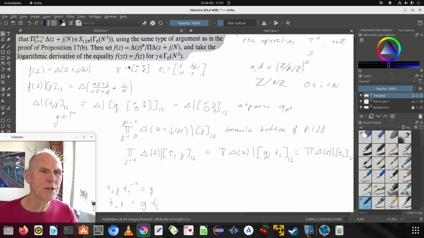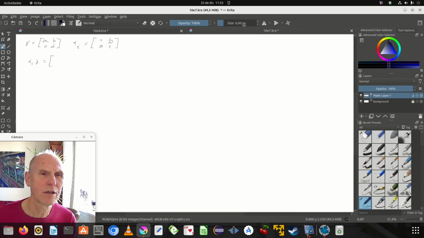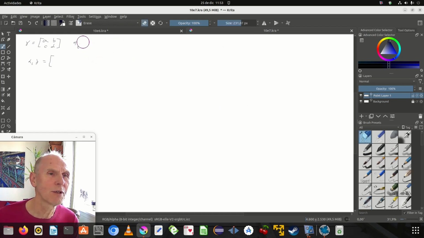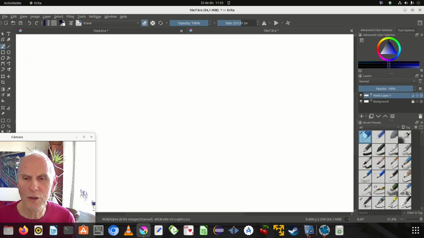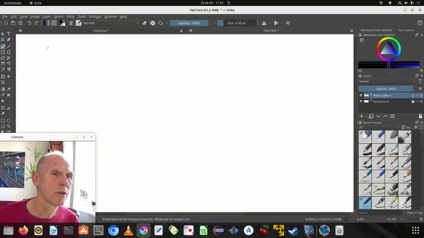So it's just a question of dividing this guy. So we didn't need all this. I prepared doing some work here, which we could do on the other page. So we have f of gamma z equals f of z.